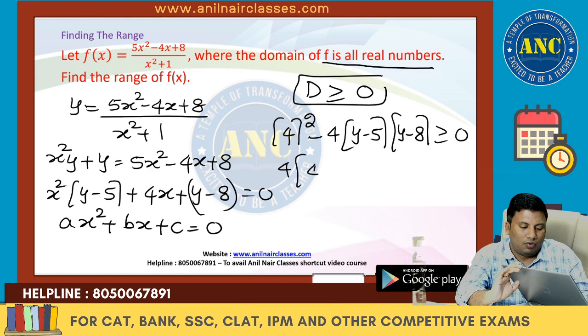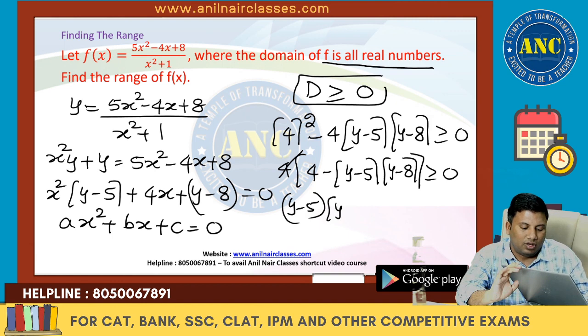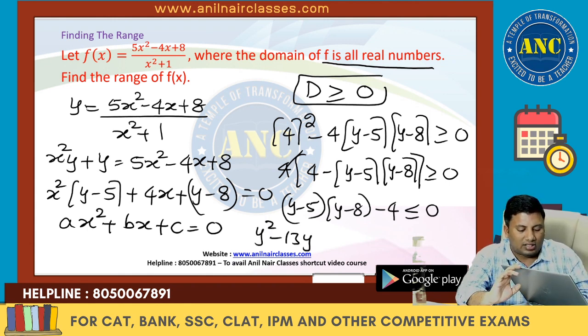So (y minus 5) into (y minus 8) minus 4 is less than or equivalent to 0. y square minus 13y plus 36 less than or equivalent to 0.